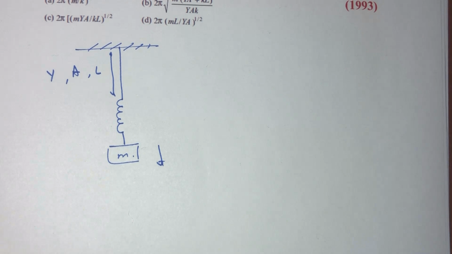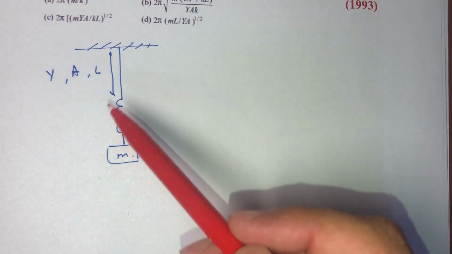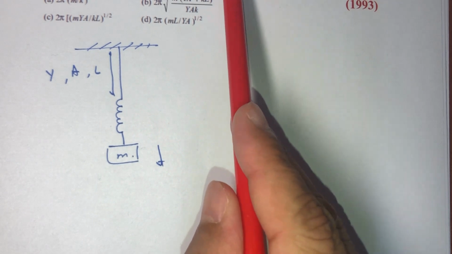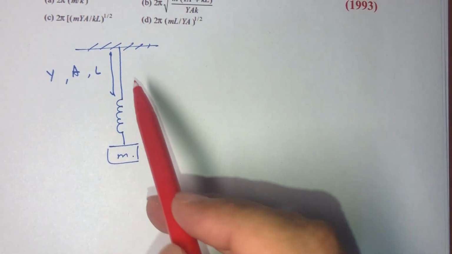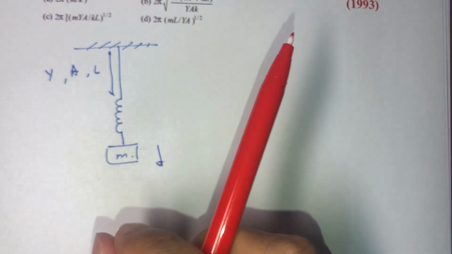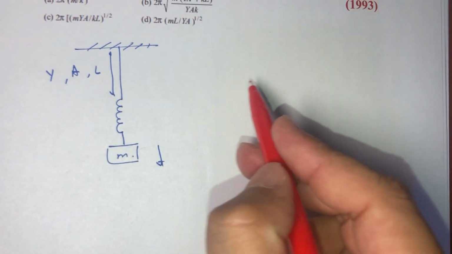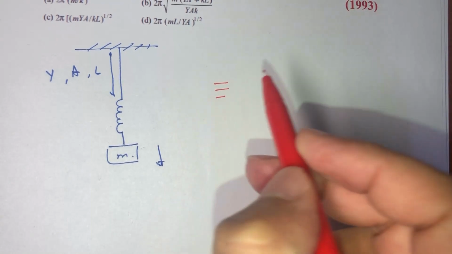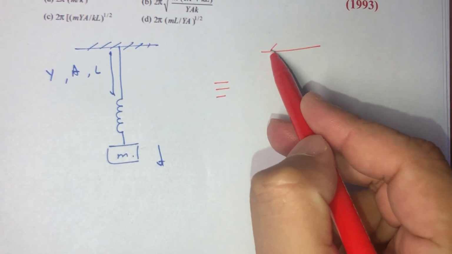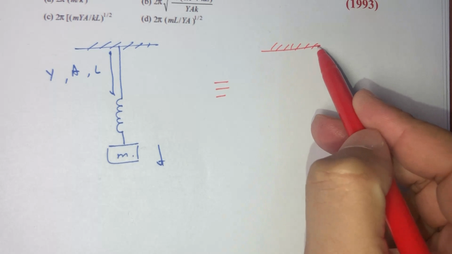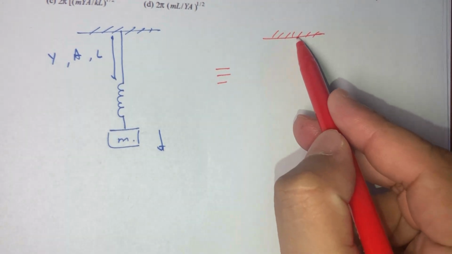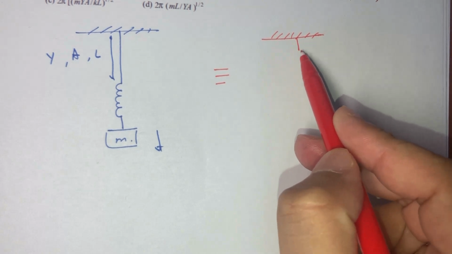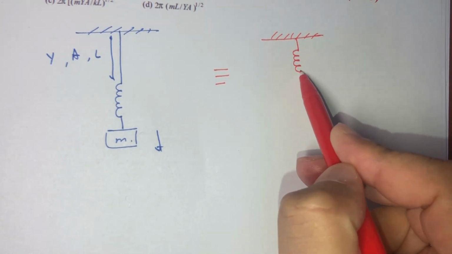In this case, as the wire has a Young's modulus of elasticity, it is elastic, so this wire is also going to behave like a spring. So we can draw an equivalent figure in which the wire can be represented as a spring.